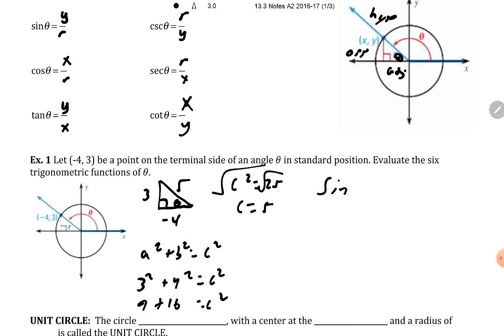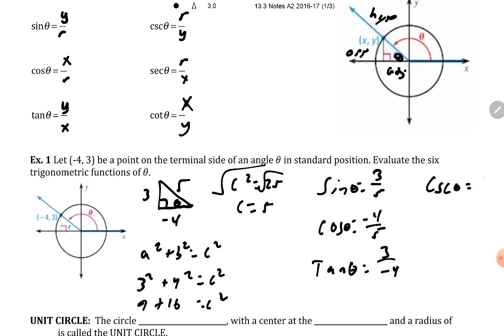So sine of theta is 3 over 5. Cosine is the x value, -4 over 5. Tangent of theta is opposite over adjacent, so 3 over -4.